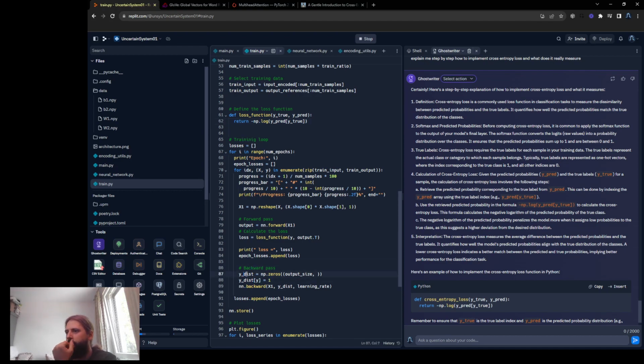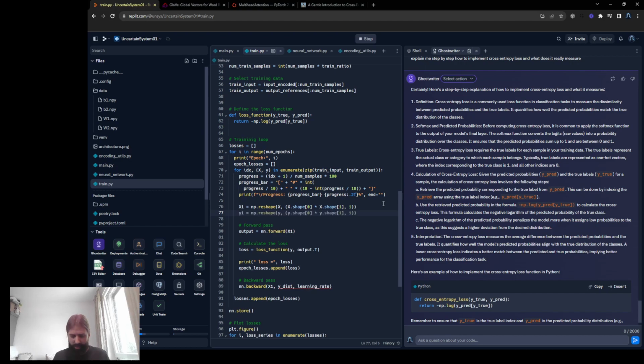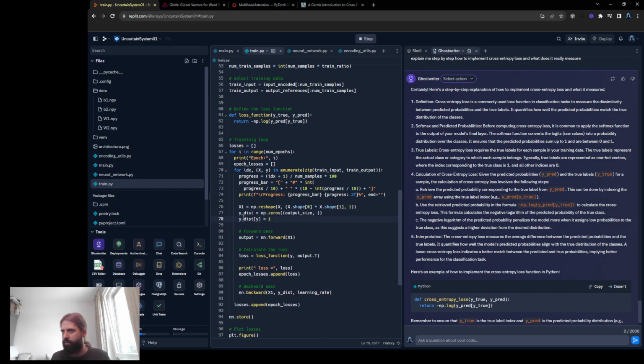So y dist, exactly. So this stuff should be calculated. There's the forward pass, there's the loss function. This is the expected distribution. So this should be given to the loss function as y true, exactly.